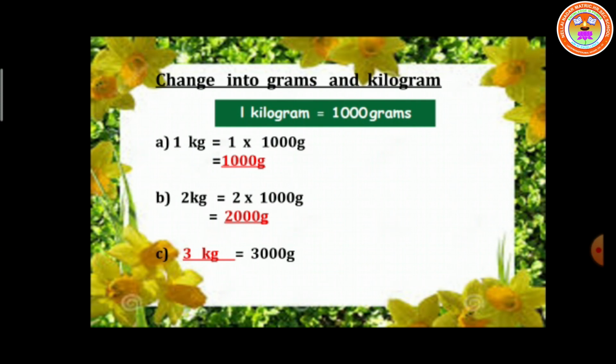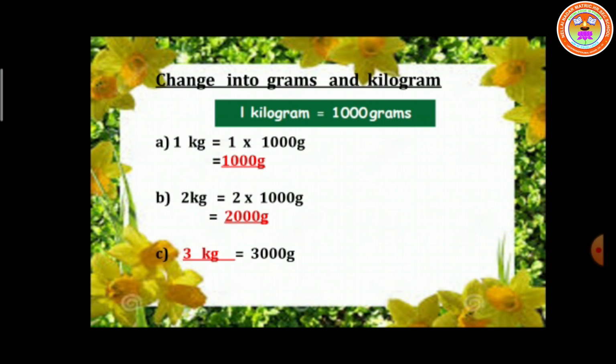Now, how will you convert gram and kilogram? Now, see problem 1. 1 kg. We know the formula, 1 kilogram is equal to 1000 gram. How will you do it? 1 into 1000 gram, you will get 1000 gram. Then 2 kg means 2000 gram. 3 kg means 3000 gram.